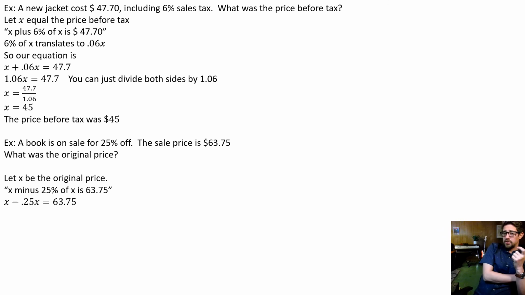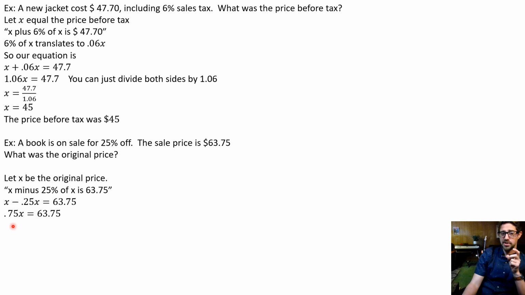Here's the kind of thing we've seen before, and if you're clever and confident, you can go ahead and do this. So notice that x minus 0.25x, when we combine those two like terms, it's 1 minus 0.25, which is 0.75. But you can just say, okay, 25% off of a number is the same as 75% of the number, and that's exactly what we have here.